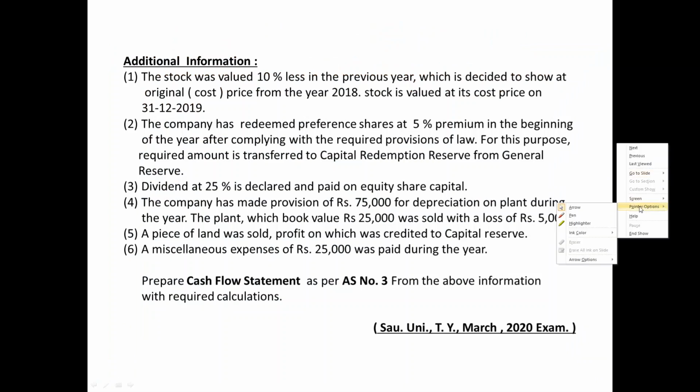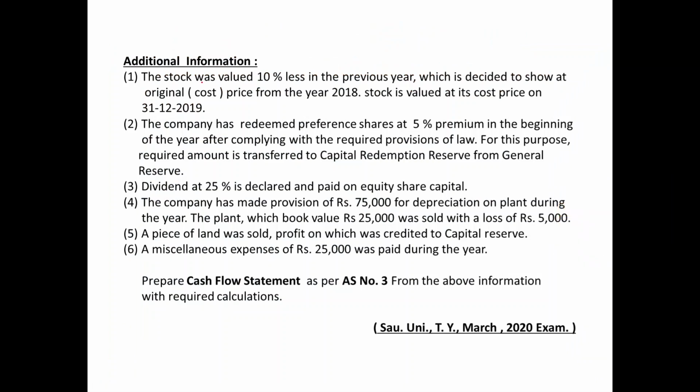The stock was valued 10% less in the previous year, which is decided to show at original cost price from the year 2018. Stock is valued at its cost price on 31st December 2019.